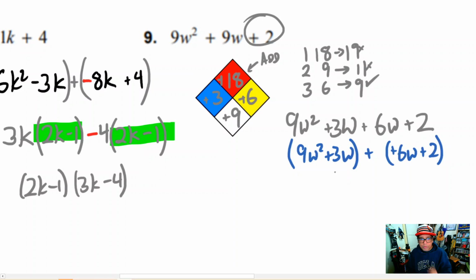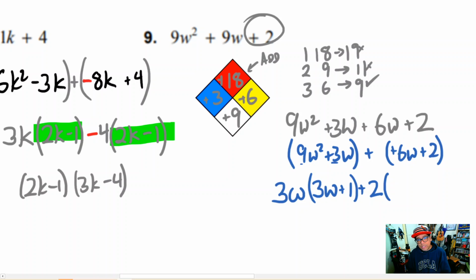Let's take a look at this first group. I got a 9 and a 3, and it looks like I can divide both of those numbers by 3, and like normally, we'll put a w there. 9 divided by 3 is 3. 3 divided by 3 is 1. Over here, 6 and 2. No, 6 and 2 are both divisible by 2.